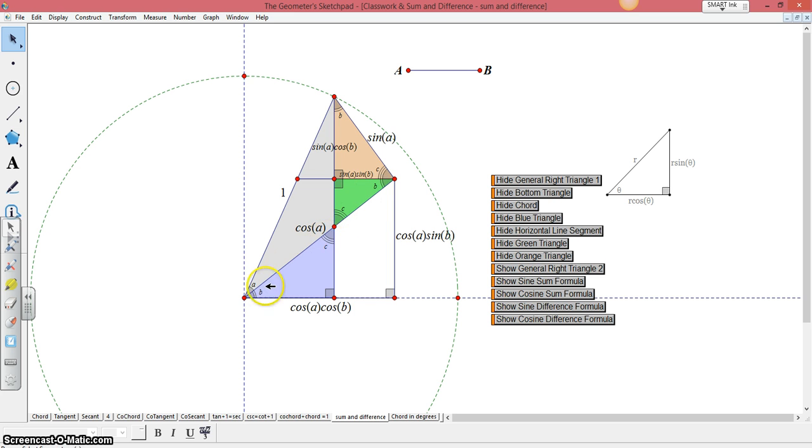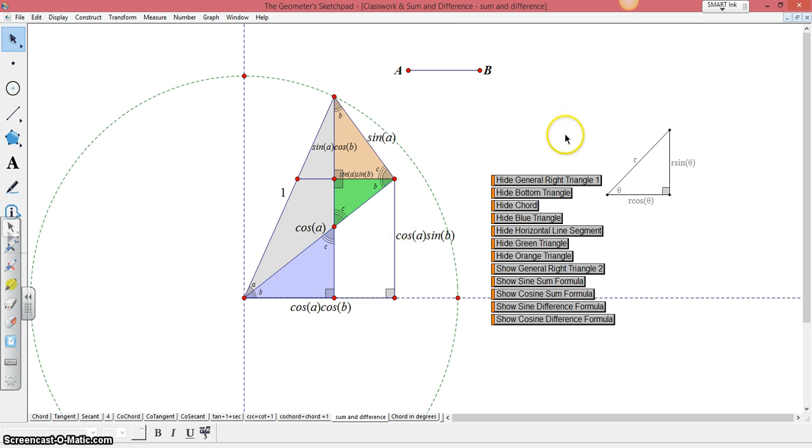Remember that angle B plus C must be 90 because of the 180 degrees of this triangle. Now that we have angle C and a right angle, we must then have angle B as our top angle, because as we've stated before, angle C plus angle B plus 90 degrees is a triangle.